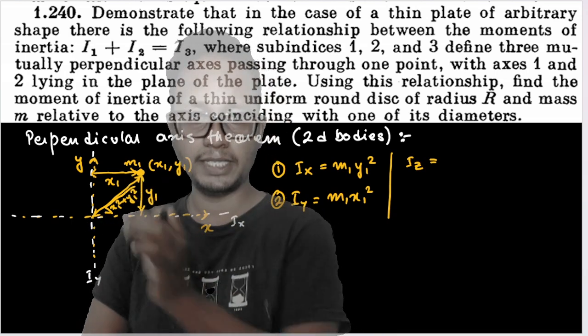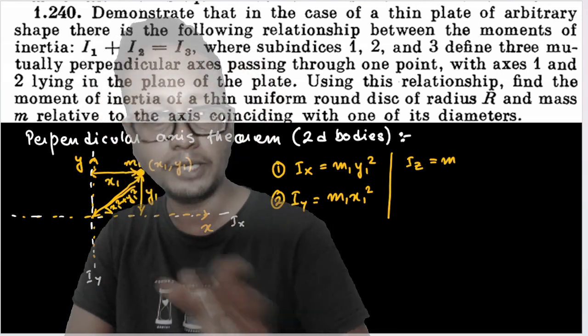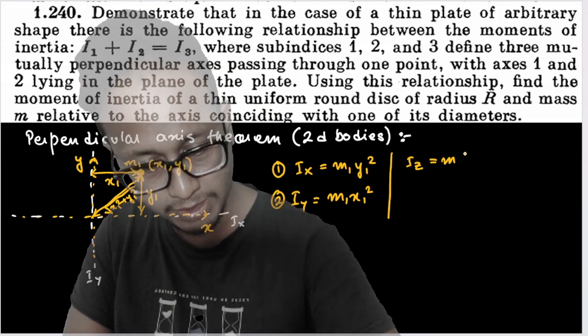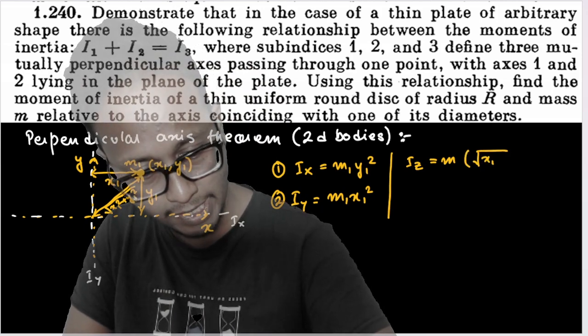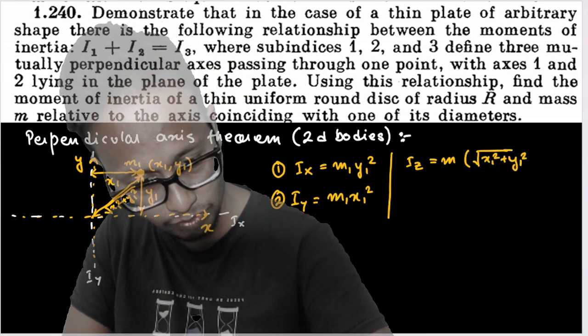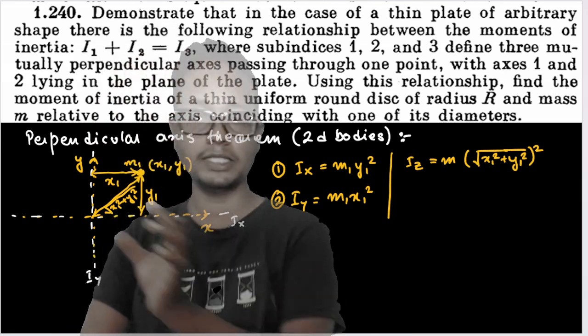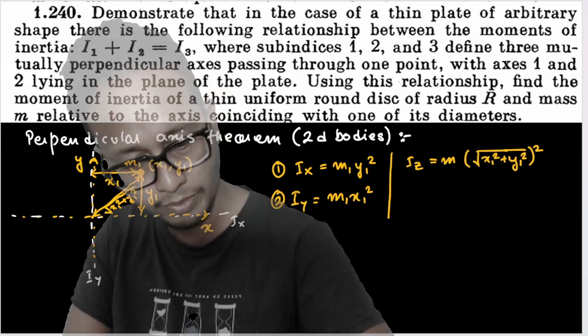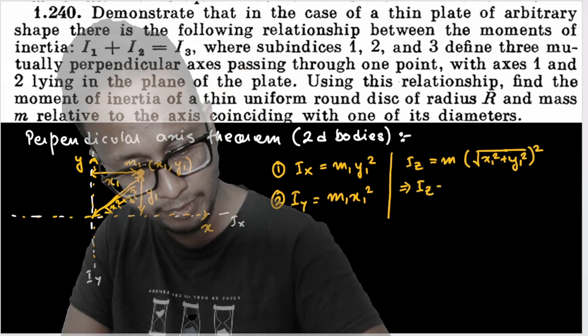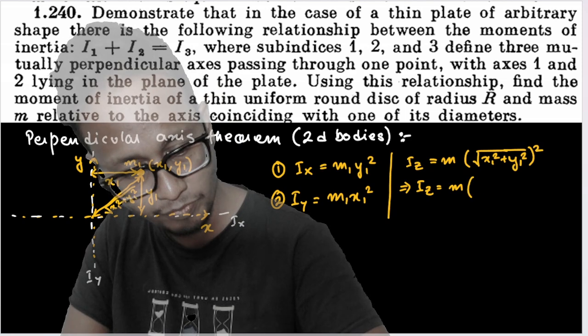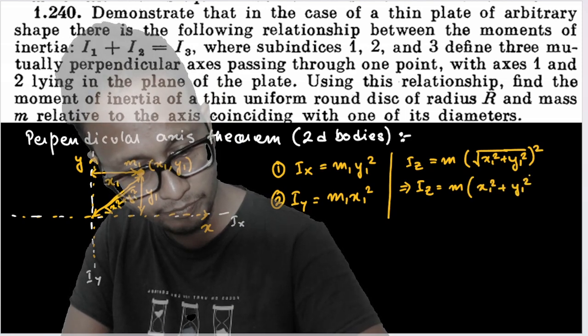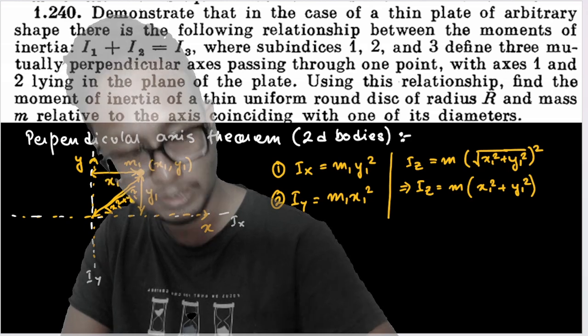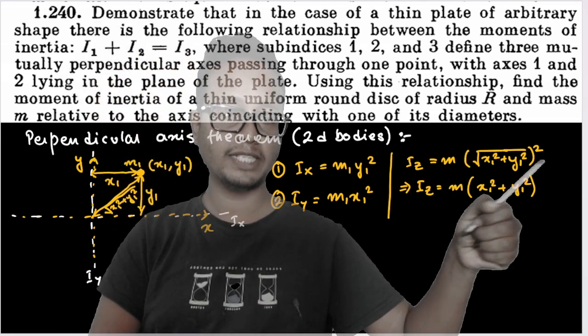So Iz is nothing but mass into this much distance, which is under root of x1 square plus y1 square, whole square. Mass into distance whole square. If I open this up, it is nothing but m into x1 square plus y1 square, because the square root and the whole square cancel each other.